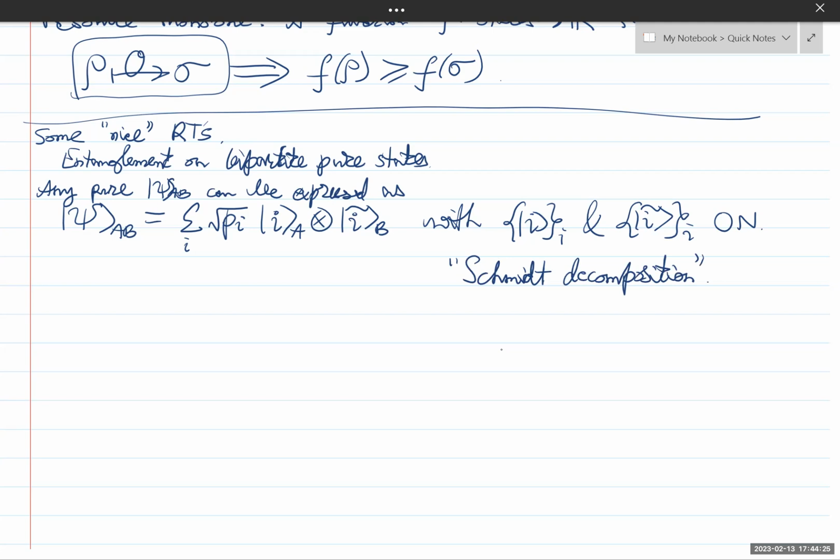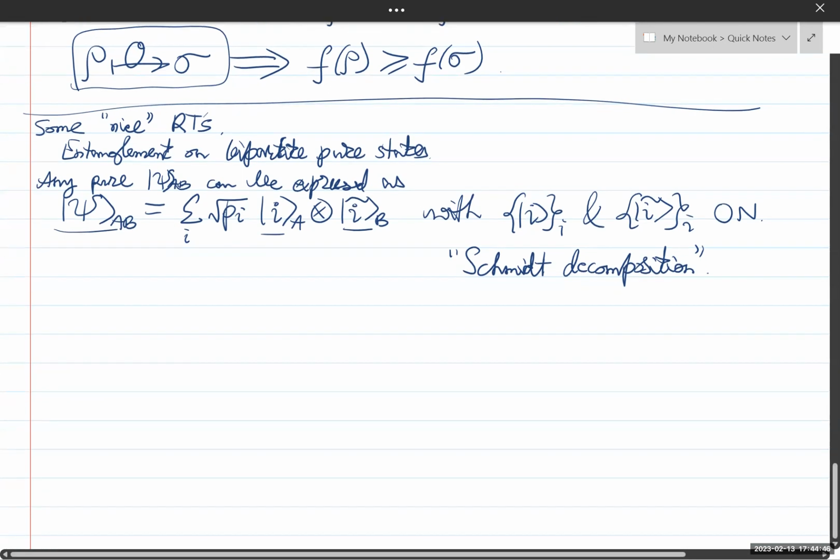Where you can always find local orthonormal vectors on A and B, such that you can express the state as a linear combination in this way. You can express the vector corresponding to the state in this way.